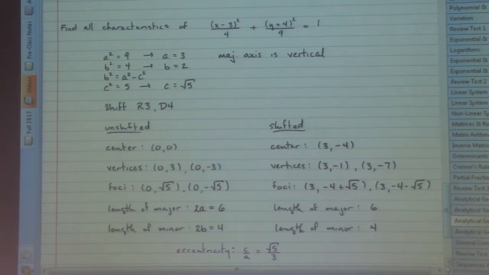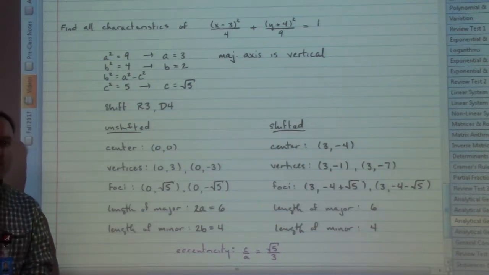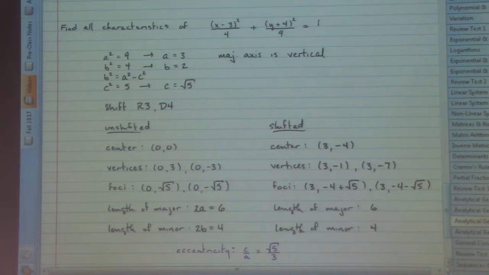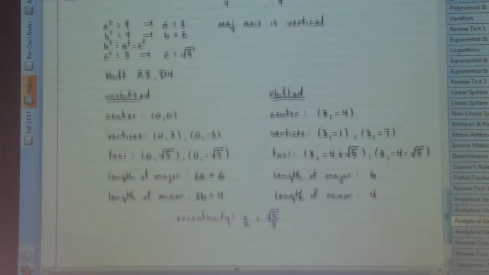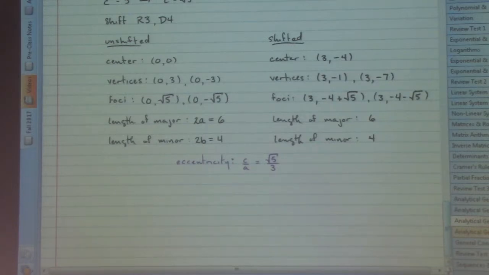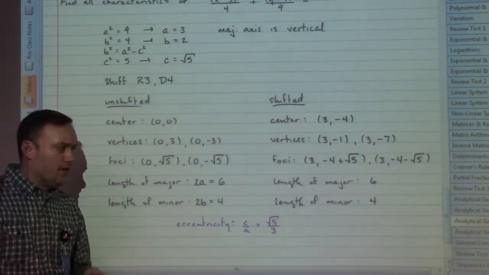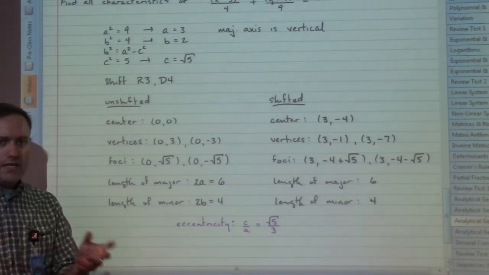Worst case scenario, though we're not doing an example of it here, would be if we needed to go through and do the completing the square steps for the x stuff and for the y stuff. You can see that I did not plan to have that sort of thing in this particular set of notes, but this is going to have a similar feel to what we see in the next video.